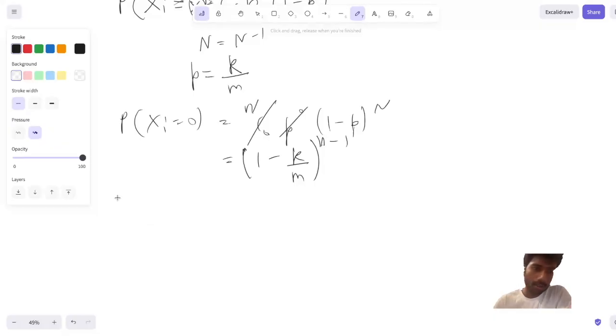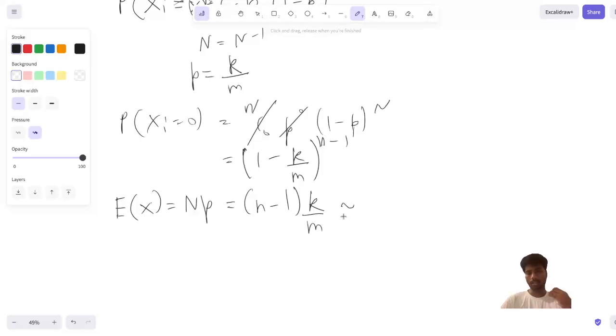Now, by our knowledge of binomial distribution, we know that the expectation of x is simply n times p, n being the number of trials, p being the probability of success, which gives us n minus 1 times k by m. And since n is usually very large, we can simply approximate this to n times k divided by m. I will be telling you about this later, but we are going to use the fact right now that m is usually a constant times n.